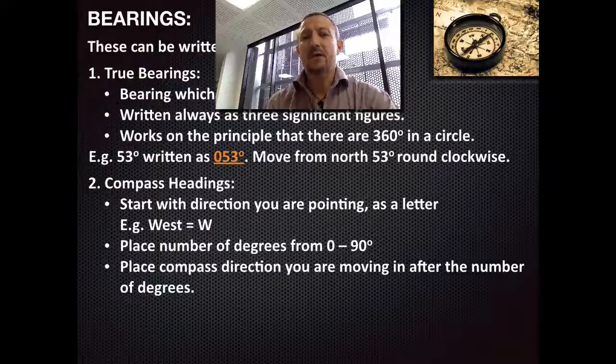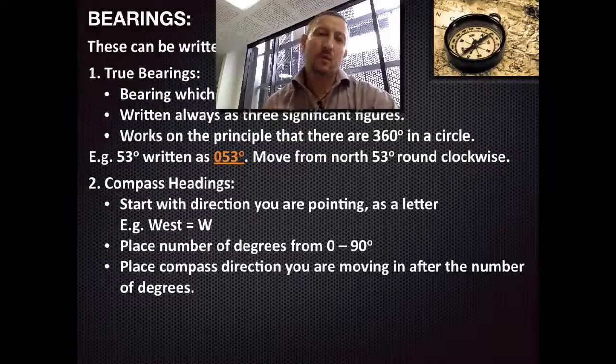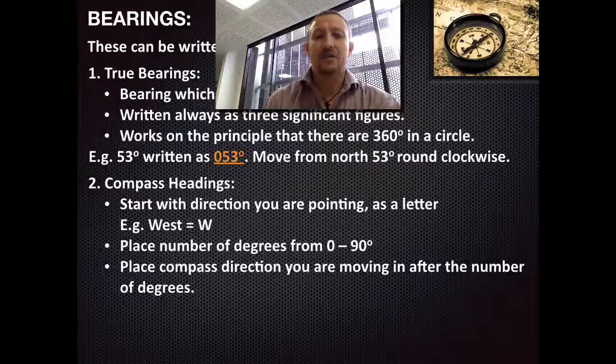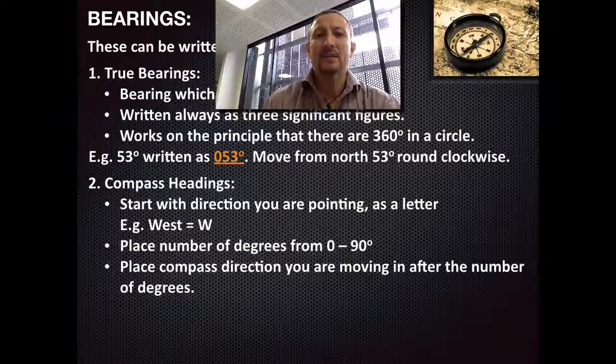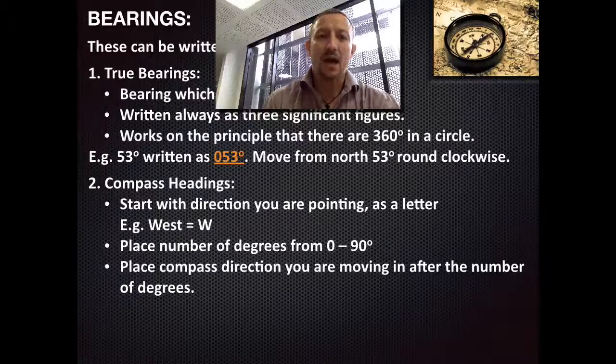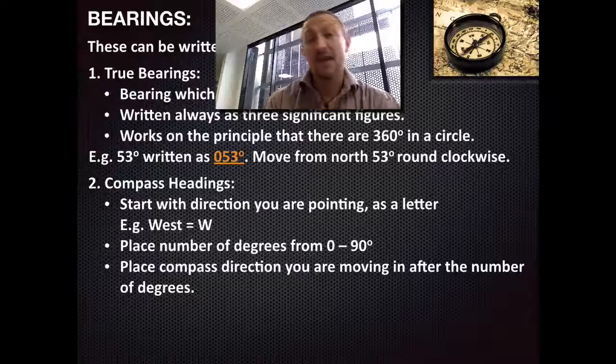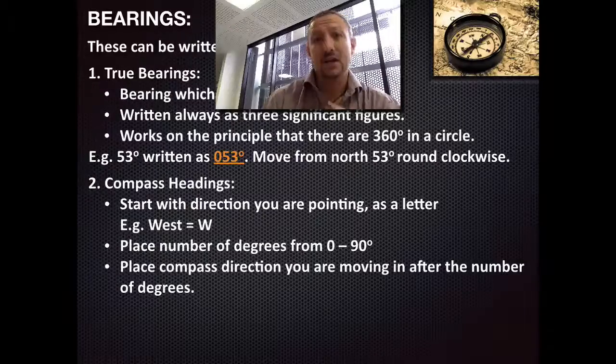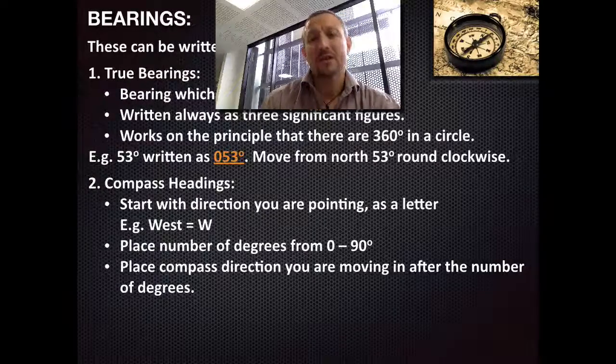Obviously whether I'll be moving clockwise or anti-clockwise will determine whether I'm going to be working towards the north, south, east, west, etc. So if I'm facing west and I move clockwise, then I will be moving in a northerly direction. If I happen to be facing west and moving anti-clockwise, then I'll be moving in a southerly direction. And of course there'll be an angle between 0 and 90.